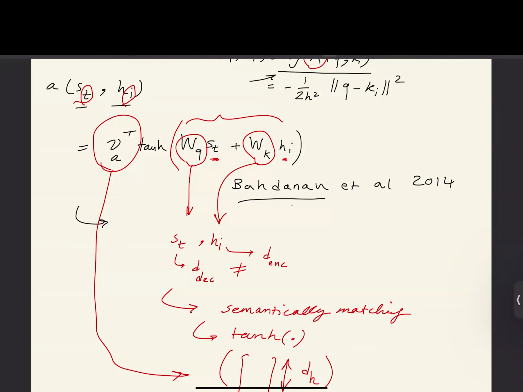Okay, so let's look at why this works. First of all, it removes the bottleneck that we discussed. The decoder no longer compresses the entire source into a single vector, and instead it adapts a dynamic context c_t at each step.